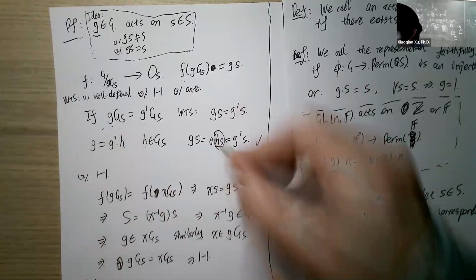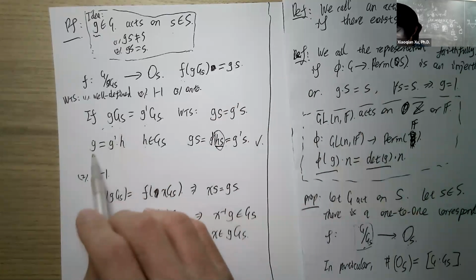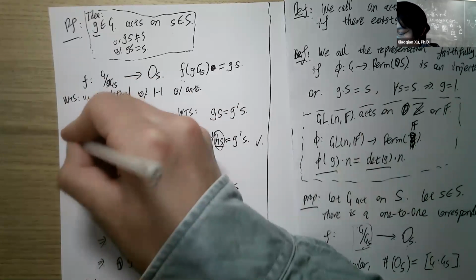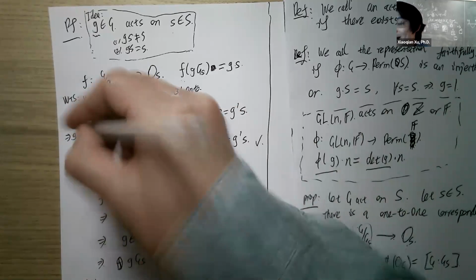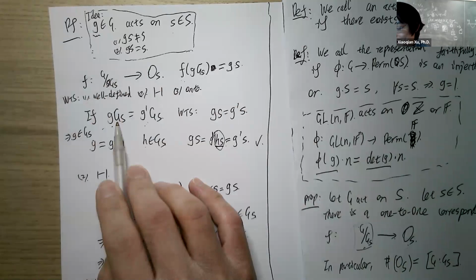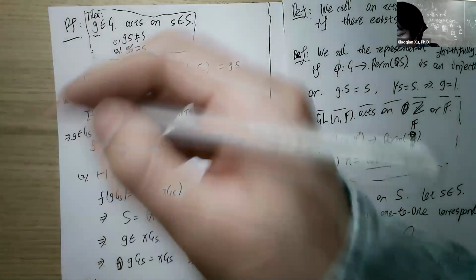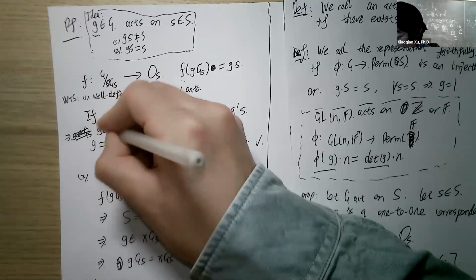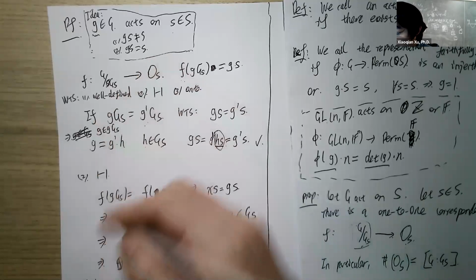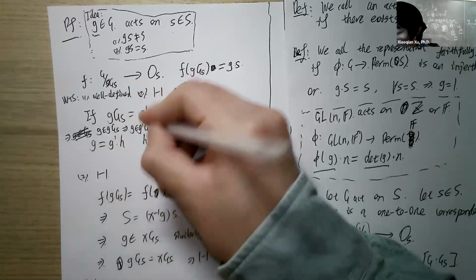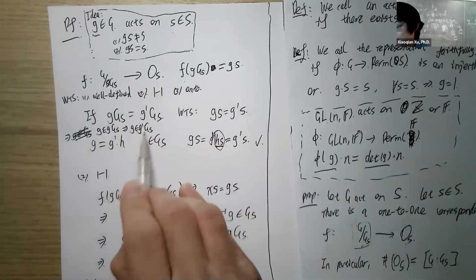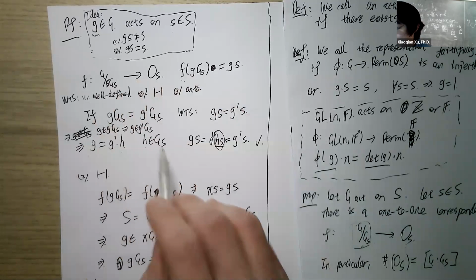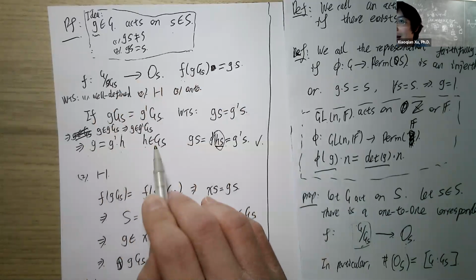Because we say that these two are the same, then g belongs to g G_S, and G_S is a subgroup. So g belongs to g' G_S, because g G_S equals g' G_S. So g must equal g' times h, where h is an element of the stabilizer.